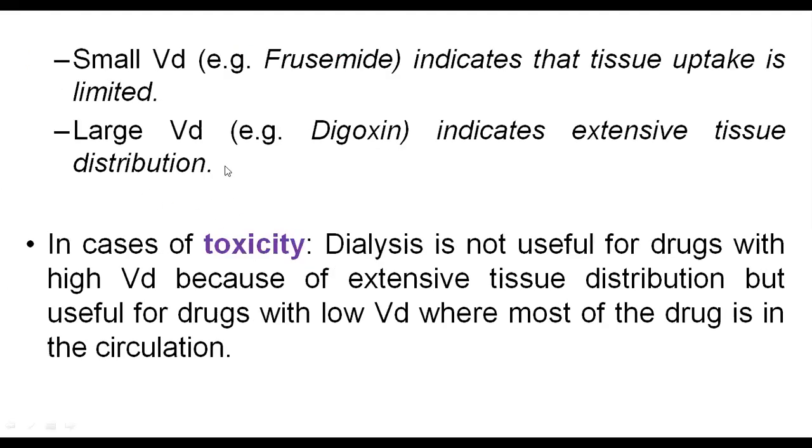Now, for small volume of distribution, for example, we have furosemide. When we administer it, much of the drug will remain within the plasma, so it has a low tissue uptake. Remember that furosemide, Lasix, is a loop diuretic. We want it to exert its effect where? On the loop of Henle in the kidneys.